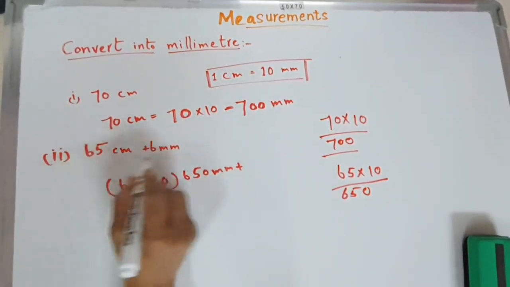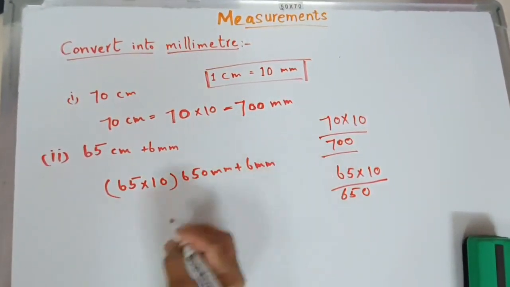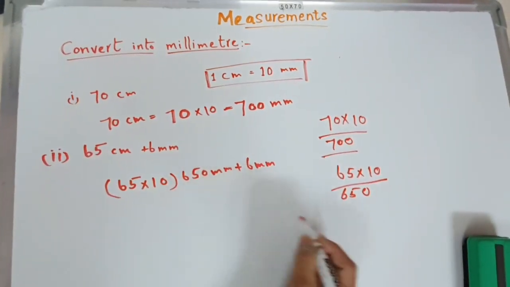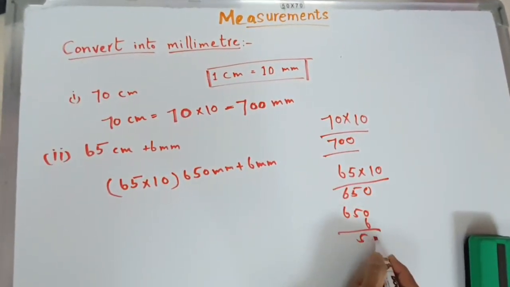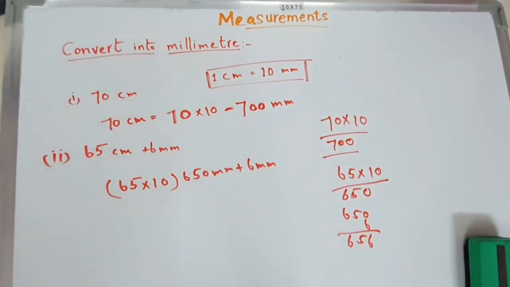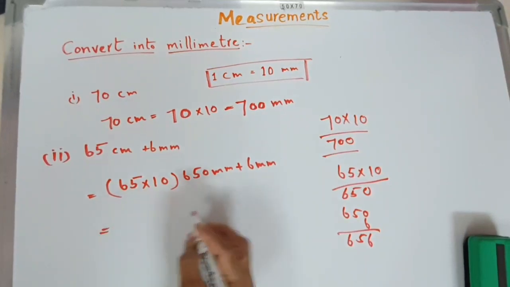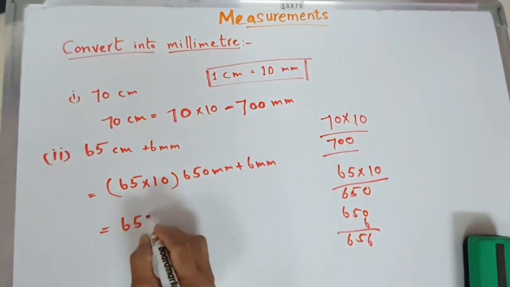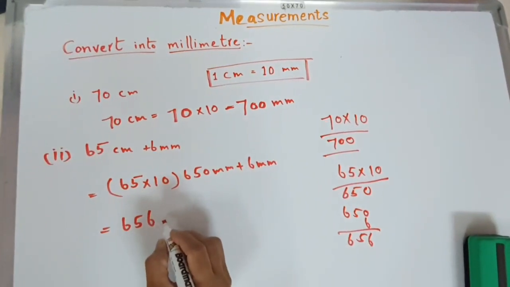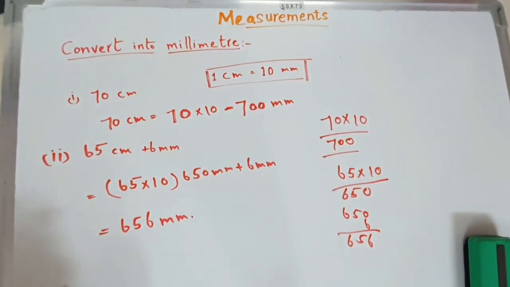Plus we have to add our 6 millimeter. So 650 plus 6 is 656. Okay, so here we have to write 656 millimeter, isn't it? Like that you have to convert it.